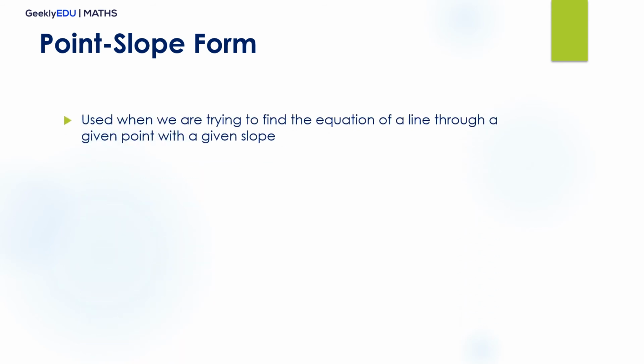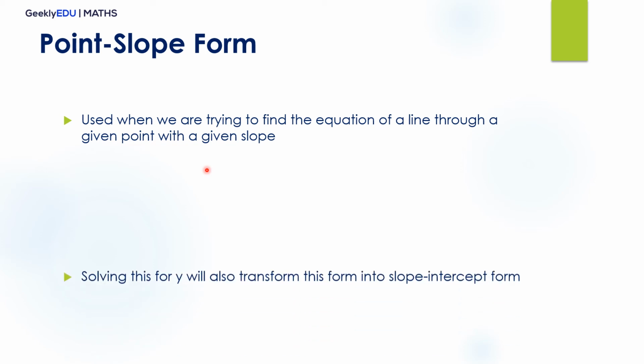And the last scenario we're going to be looking at today is called point-slope form. This is used when we are trying to find the equation of a line through a given point with a given slope. The word given means that the problem tells you it, or you could solve it from the problem.